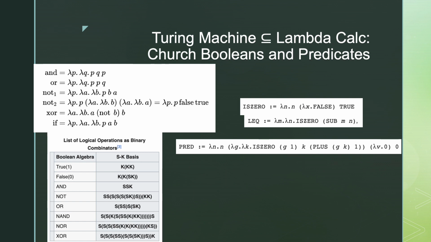So Turing machines can add and subtract. They can evaluate booleans and predicates. So we need to find some kind of definition for those and then expand upon them. We start down here in the bottom left by just saying true.